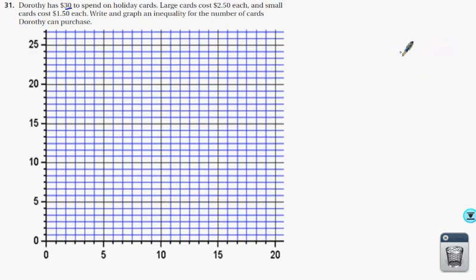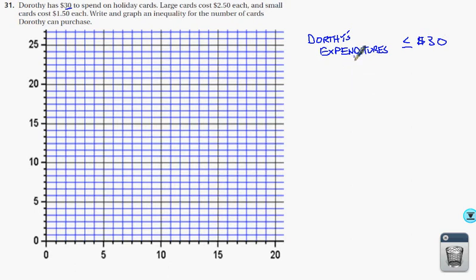So we know that anything that she spends, Dorothy's expenditures on cards, has to be less than or equal to $30. Okay?